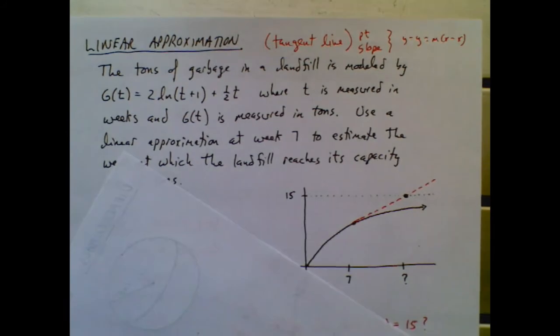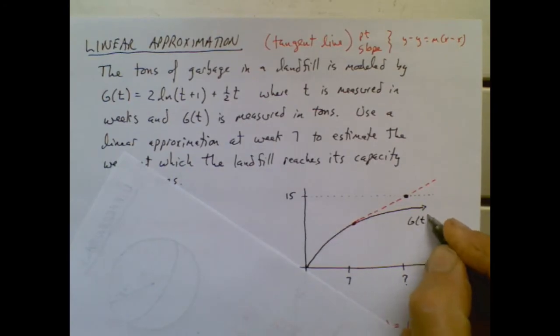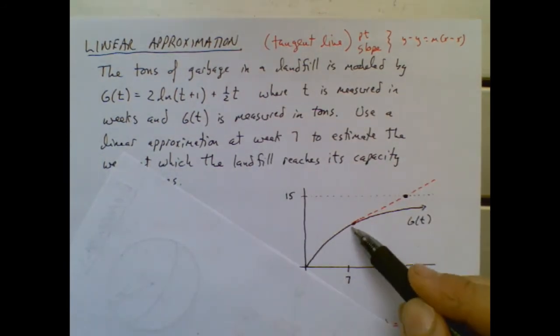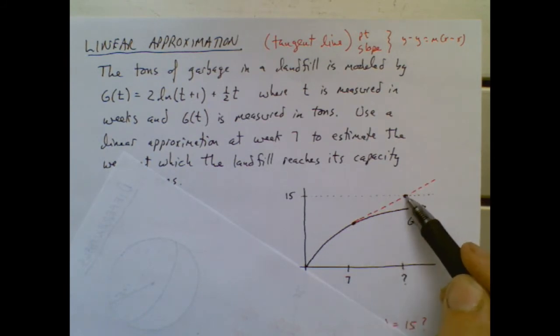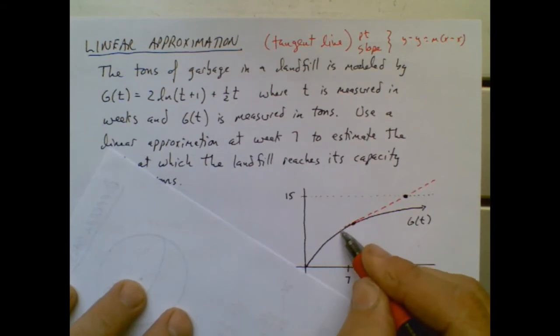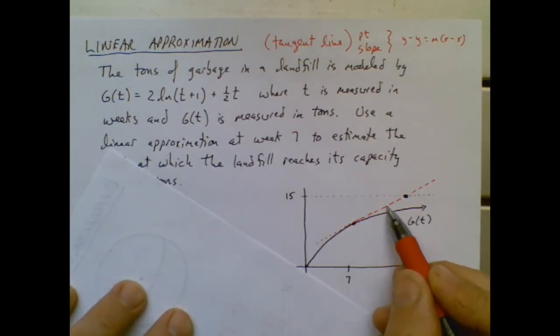This black graph, that's my g of t. All right, and we're saying for some reason, at week 7, if we build a tangent line and extend that out, that's a better model for figuring out when we reach capacity. So technically that tangent line goes like this, but you don't care about that side because we're heading out into the future.